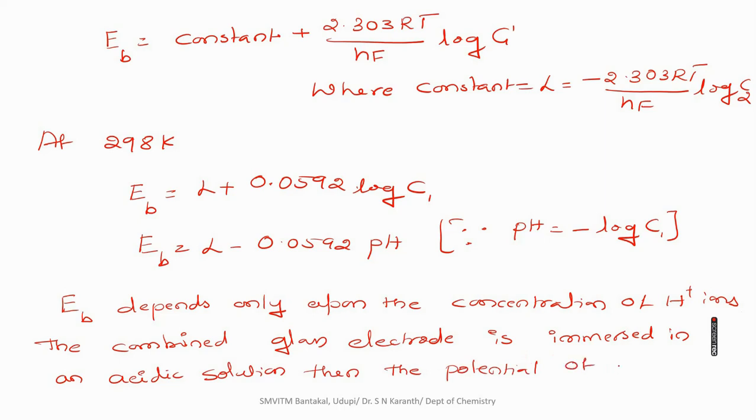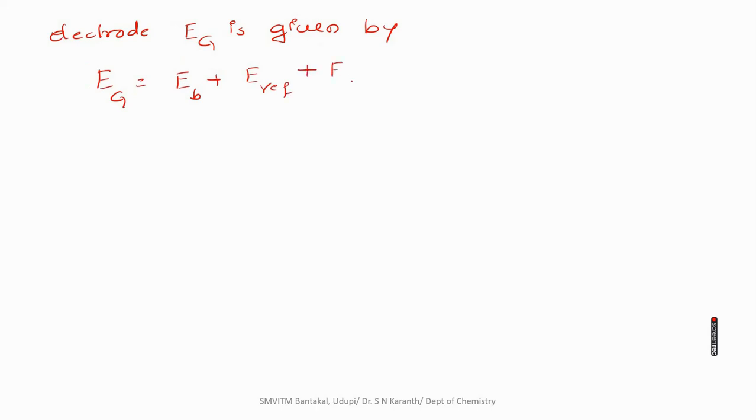We may represent EG equal to EB plus E reference plus E estimator. EG equal to EB, that is a boundary potential, plus E reference plus E asymmetry.